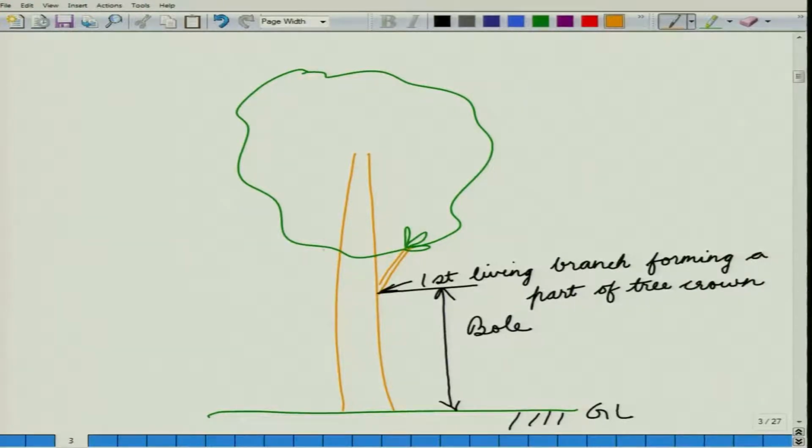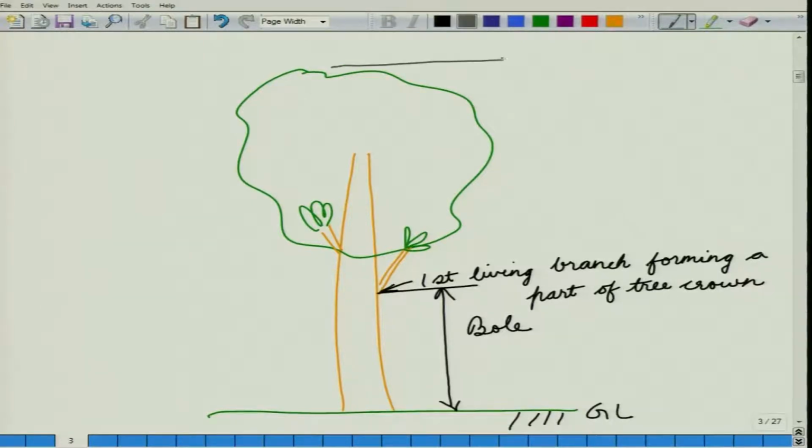We could also have other branches, like a branch here that is also part of the tree crown, but we will take our bole till the base of the first living branch. So, what is the portion that is above our bole?